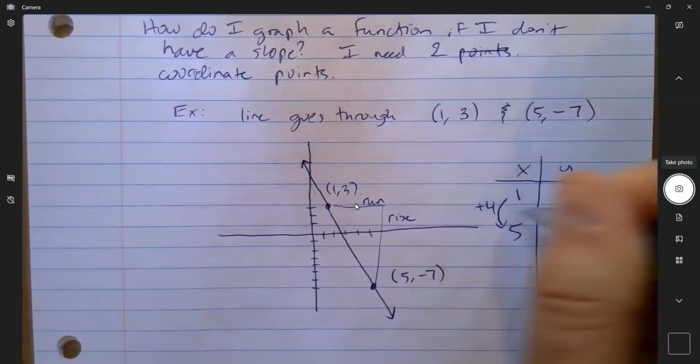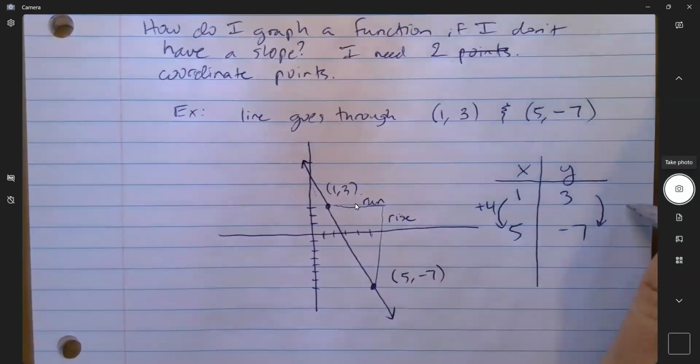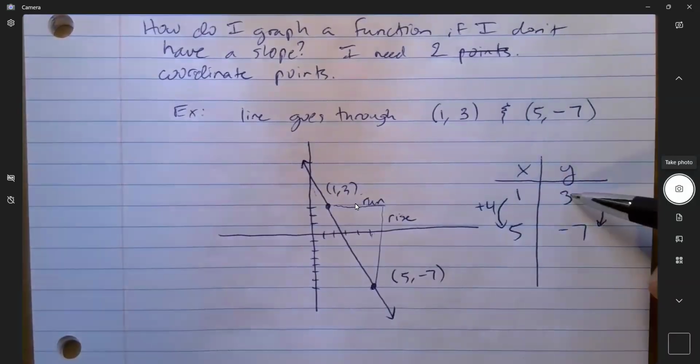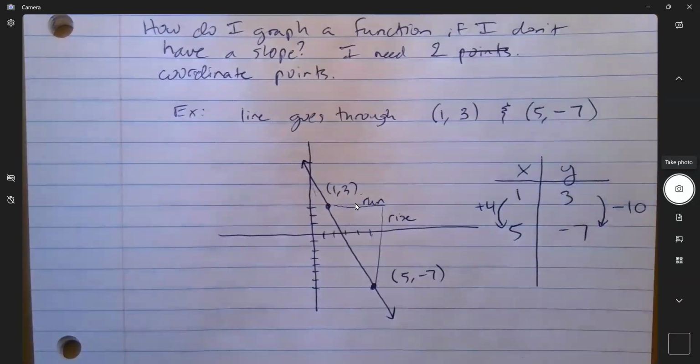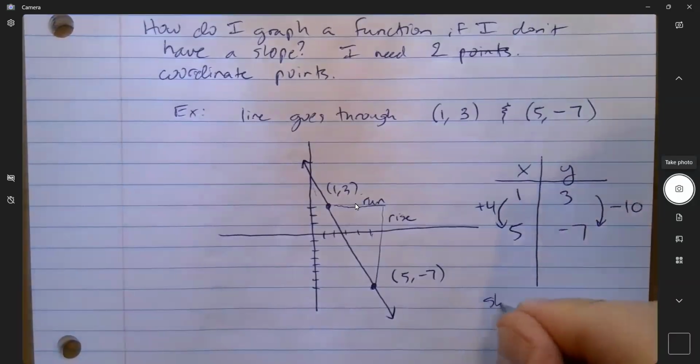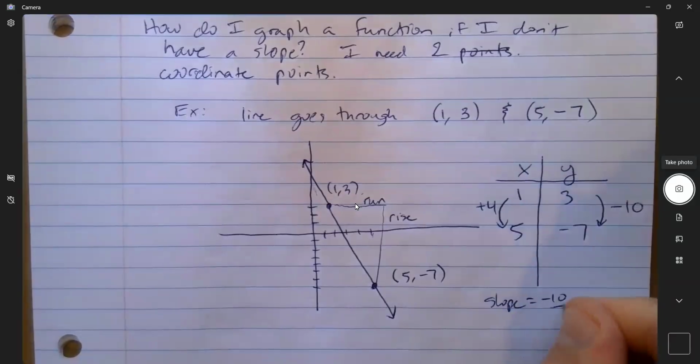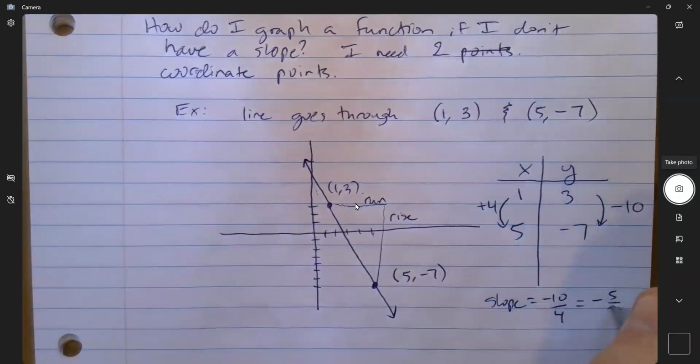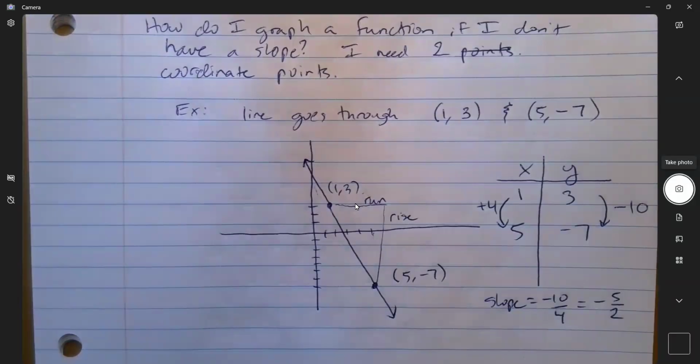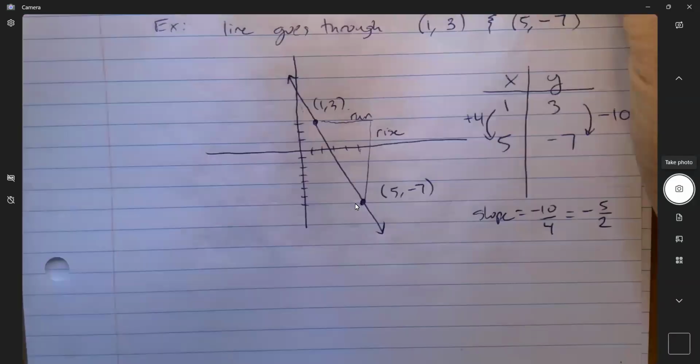The x value goes up 4, the y value goes down 10, because you count down by 10 to get from 3 to -7. So the slope is -10 over 4. I didn't mean for it to be the exact same slope as the previous example, but it is. The slope is -5 over 2.